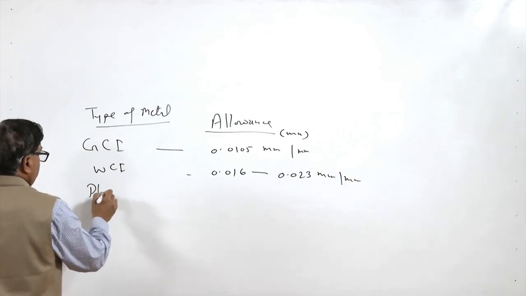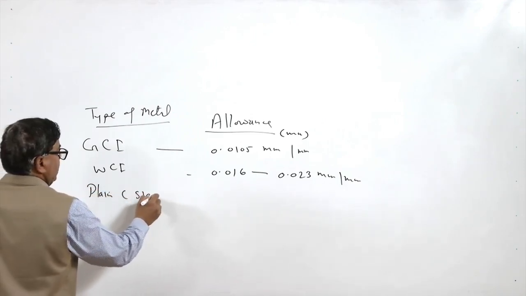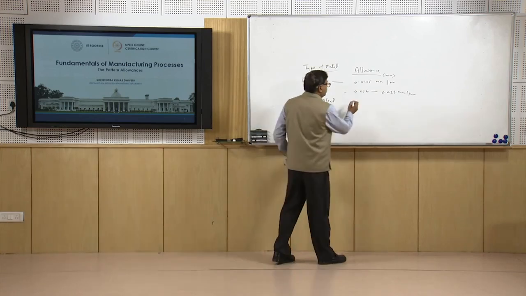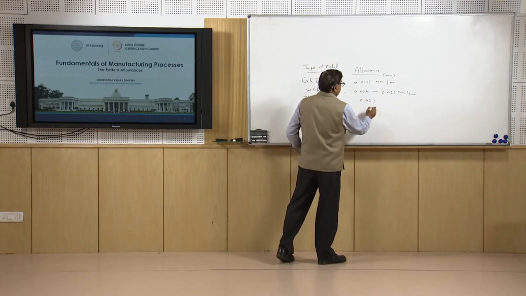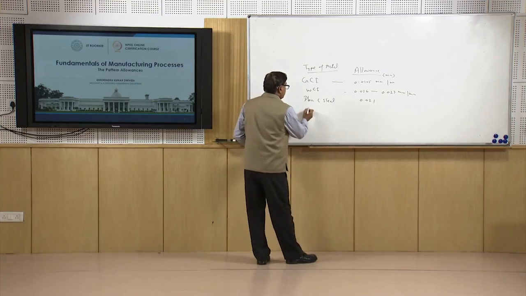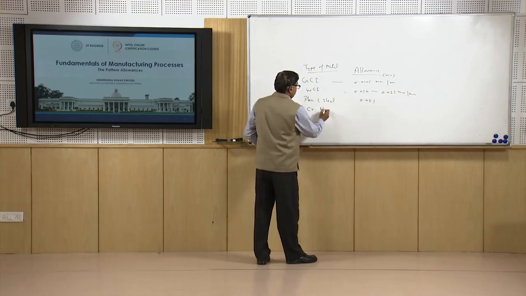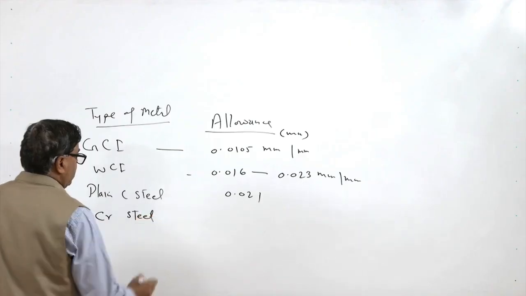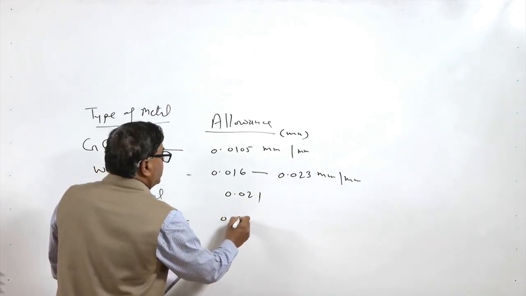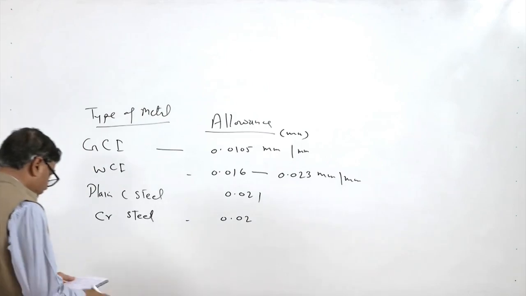Plain carbon steel is given as 0.021. For chromium steel it is 0.02 per mm.